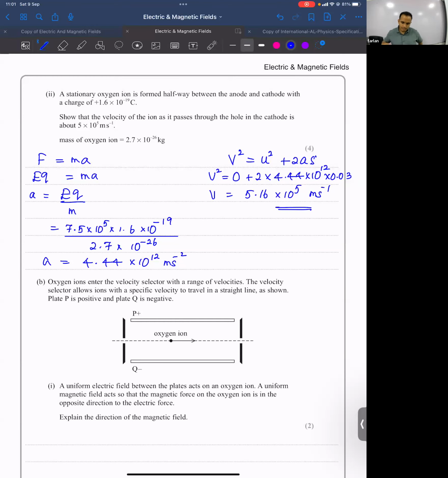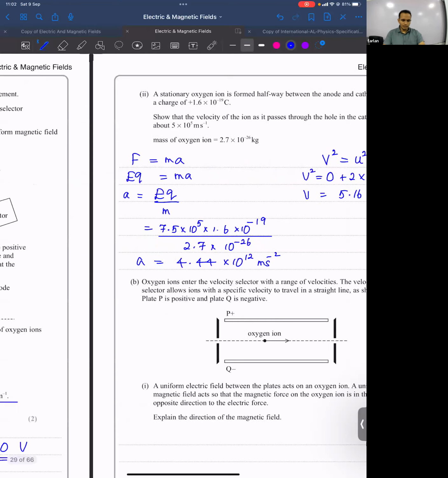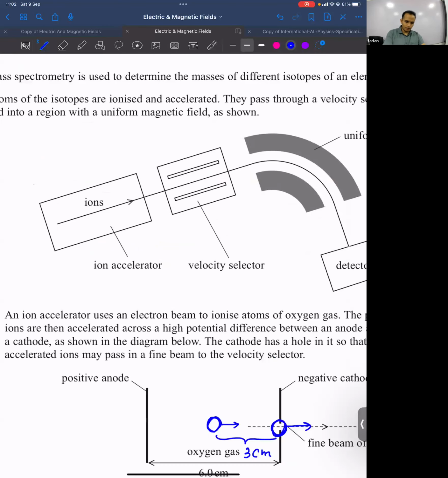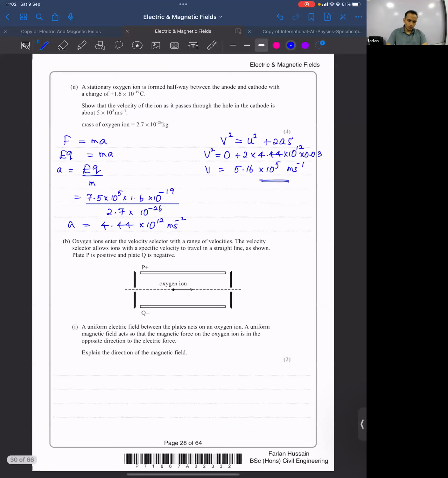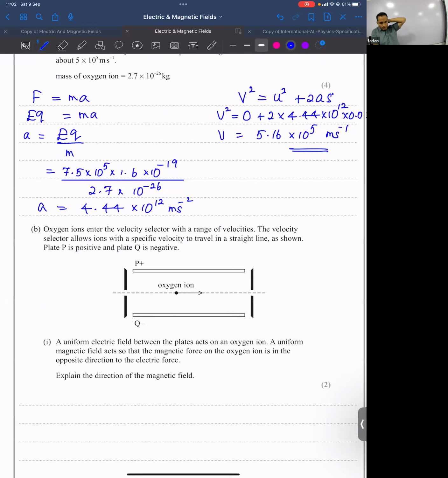Then the next part B. The oxygen ions enter the velocity selector. Now you understand, right? From here, ions are moving through this one, and then they came out of the cathode, and they enter into a new section, which they have called the velocity selector section. Oxygen ions enter the velocity selector with a range of velocities. The velocity selector allows ions with a specific velocity to travel in a straight line as shown.